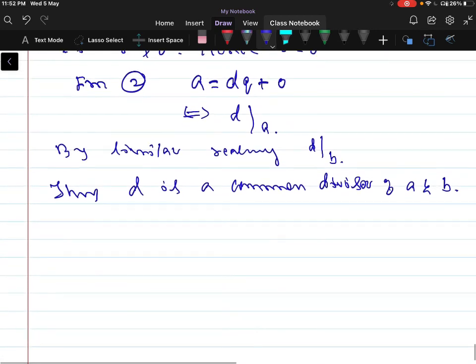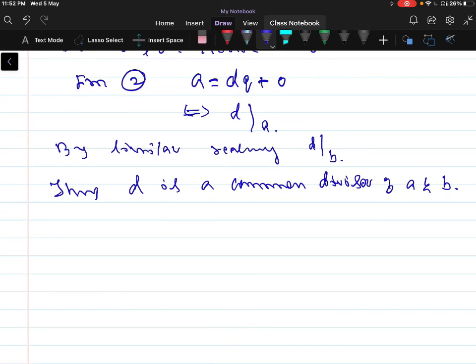Now let us claim that d is the greatest common divisor. Now, if c divides a and c divides b, then c divides ax plus by also.